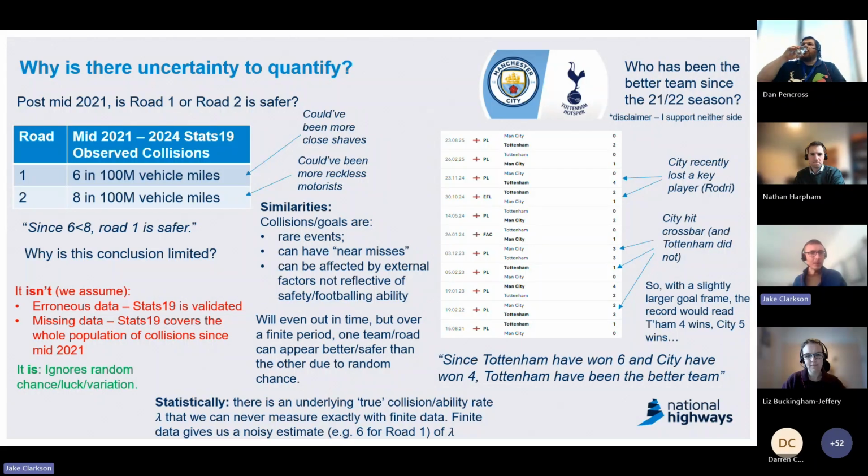And a similar example in road safety could be that Road 2 just happened to have more reckless motorists driving down it, something that isn't indicative of safety, but just bad luck on Road 2's part.